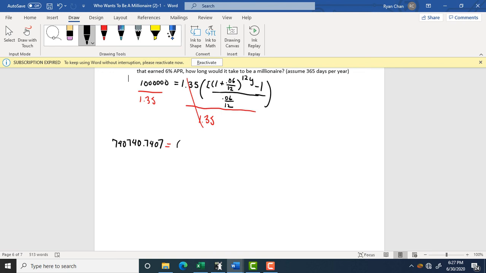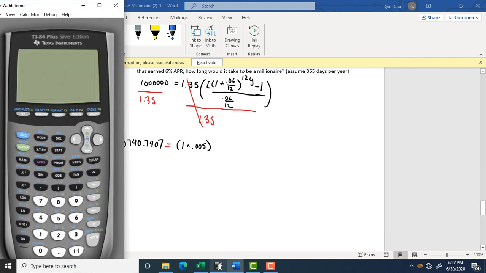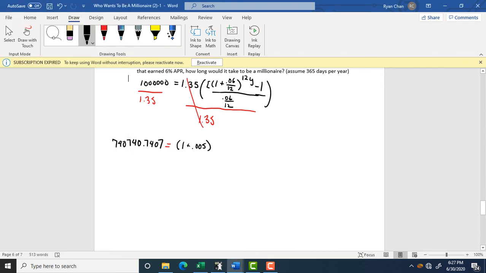And so I have here 1 plus. Okay, I'm going to do the 0.06 divided by 12 just to make things easier. So this is 0.005. Sorry, let me show you what I'm doing here. So it looks like this. Everyone see that? Okay. Now, think about this.